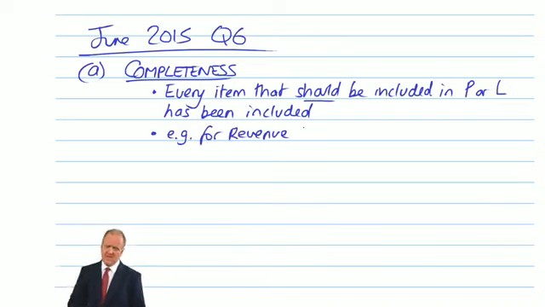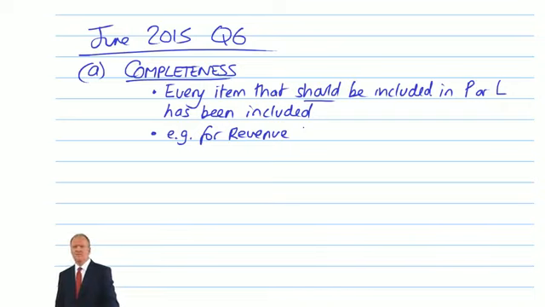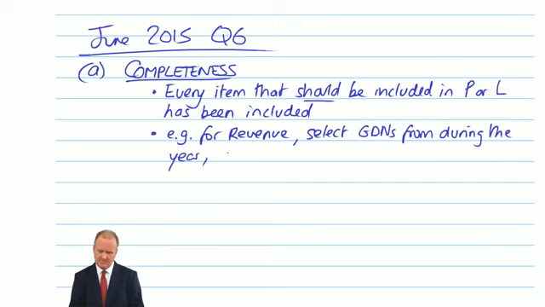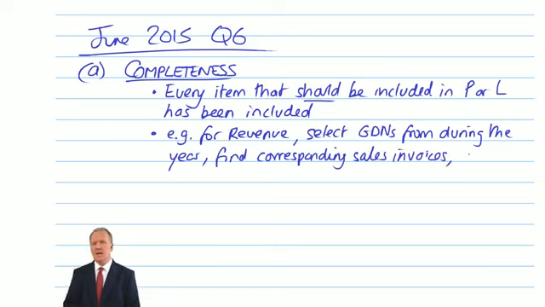And then we apply it for revenue. Which items should be included? The revenue you have earned. How do you earn revenue? Typically when you send the goods to the customer. So I would select GDNs, goods dispatch notes, from during the year, find the corresponding sales invoices, and then you've got to make sure those invoices have got into the revenue figure.